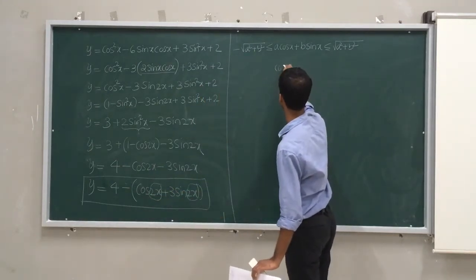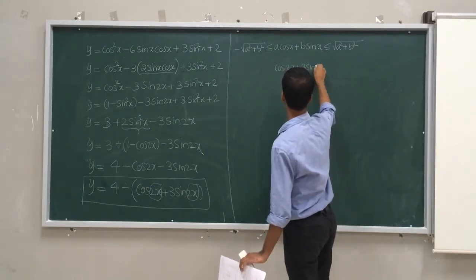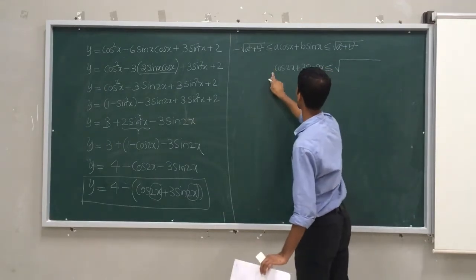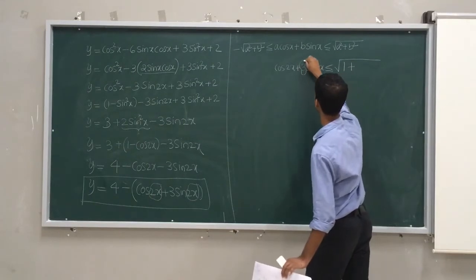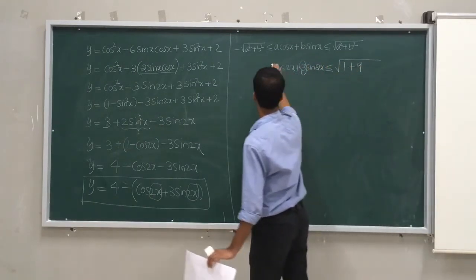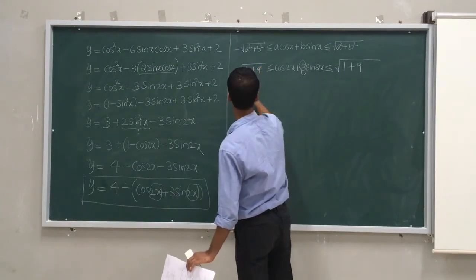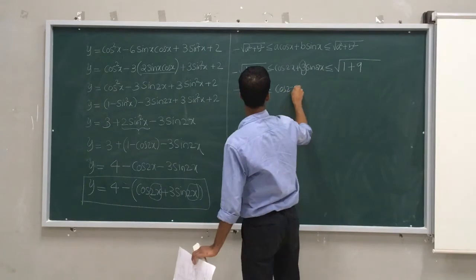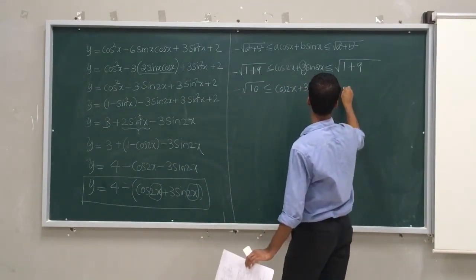We know with this I can say cos 2x plus 3 sin 2x lies between square root of, in place of a you have 1, so 1 square is 1, plus in place of b you have 3, 3 square is 9. Greater than or equal to minus root of 1 plus 9. So it lies between minus root 10 and root 10, that is cos 2x plus 3 sin 2x is less than or equal to root 10.